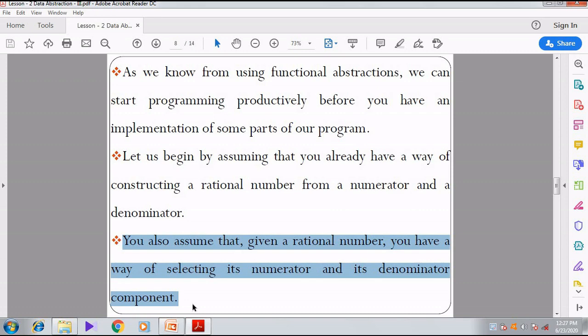Whenever you go with the result alone, how can you go back to the question? Through the result we can find out that this may be the numerator, this may be the denominator. Is it right or not? When we have numerator and denominator, we can construct a rational number. When we have the rational number, from that we can find out that this may be the numerator, this may be the denominator. So that's how it gives this particular rational number. Like that they are explaining here.